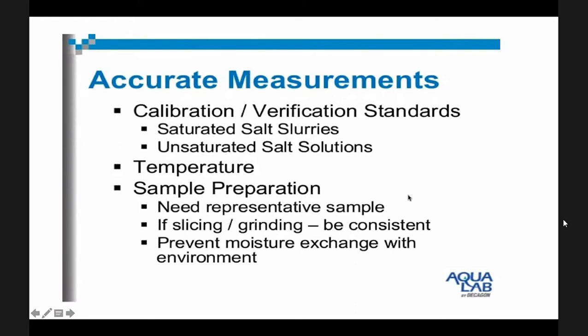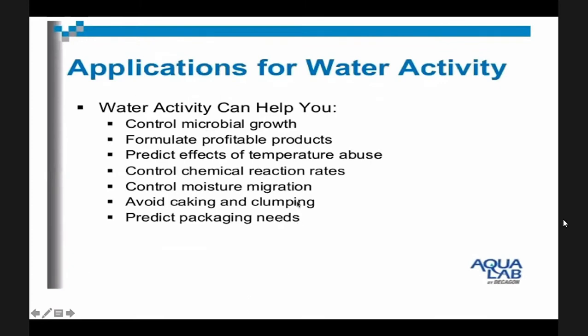So just wait for that topic. Because if we discuss it now, it would take too long. Next, sample prep, if slicing or grinding is needed, be consistent, especially in all your trials or replicates. Prevent moisture exchange with the environment. So you must also consider the laboratory condition.